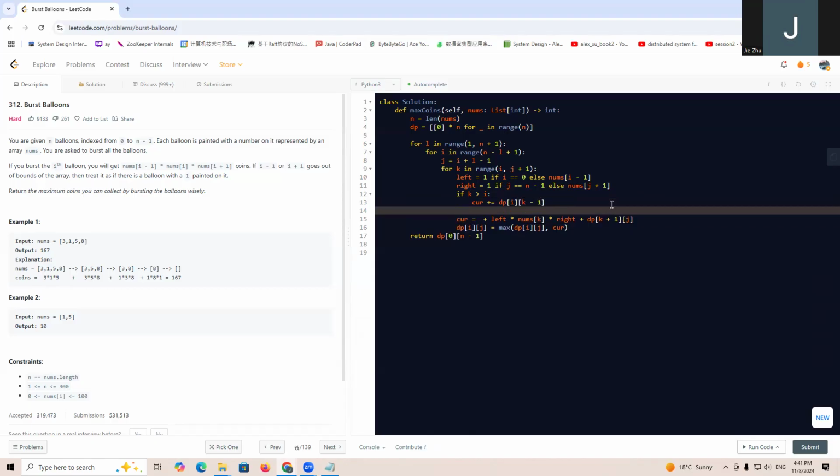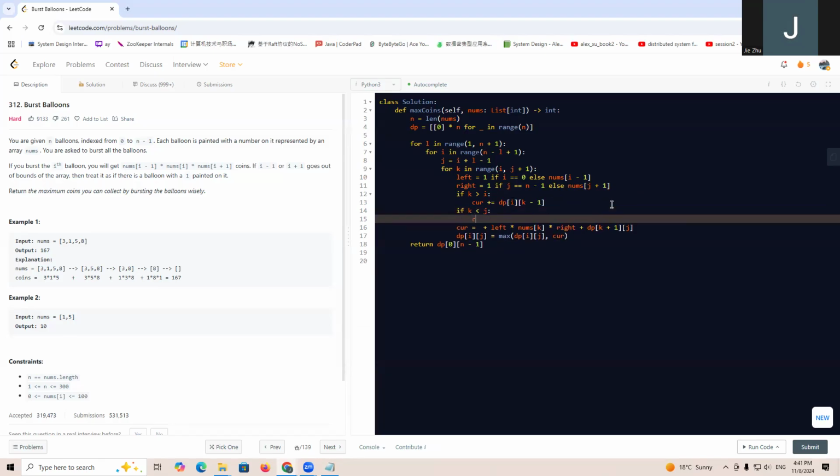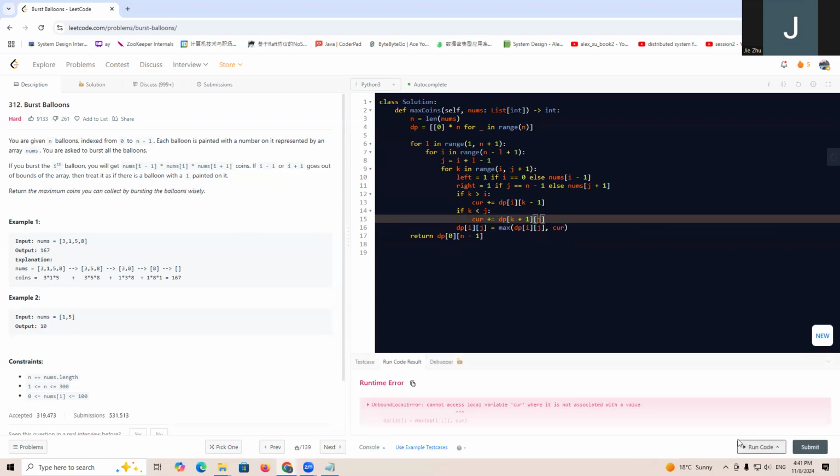And if k is smaller than j, we have current plus equals dp[k + 1][j].